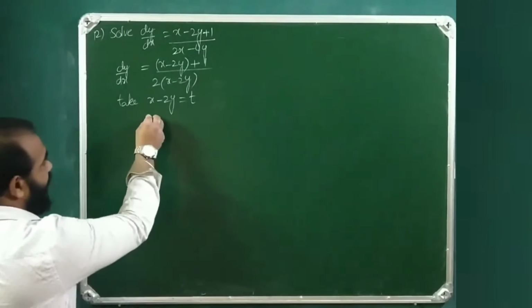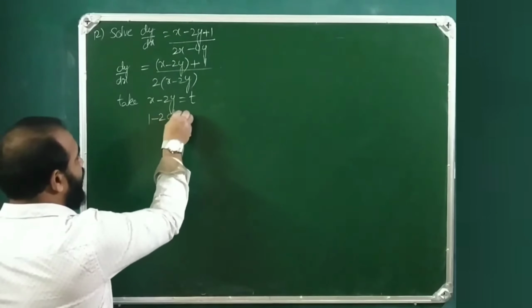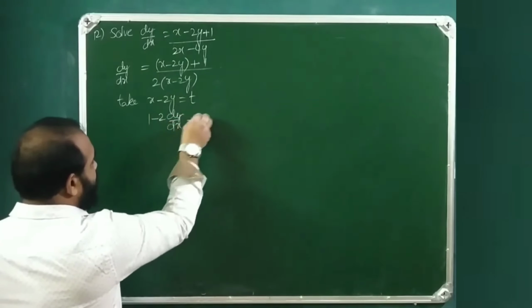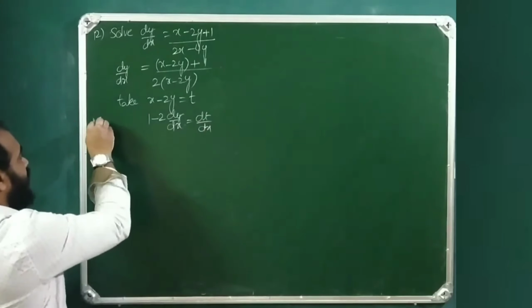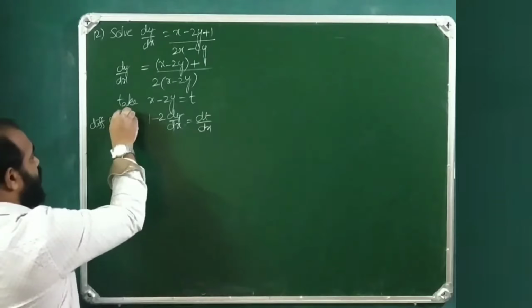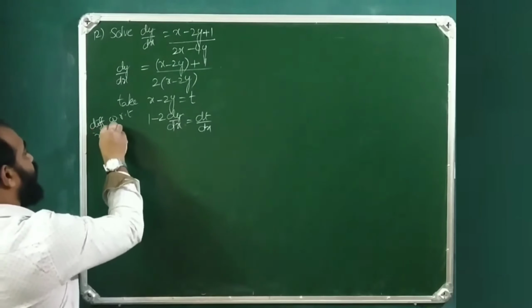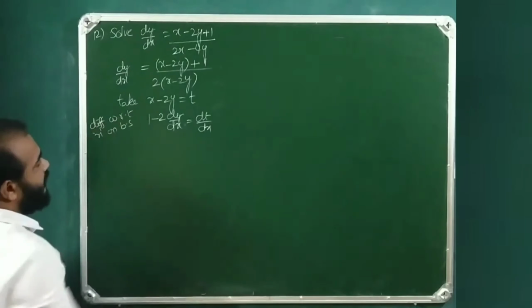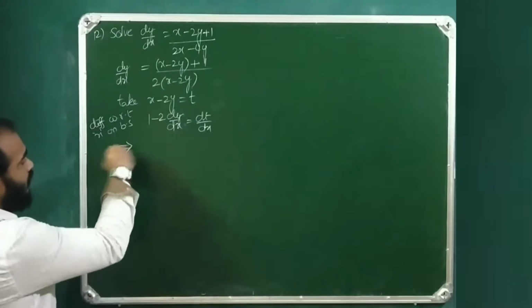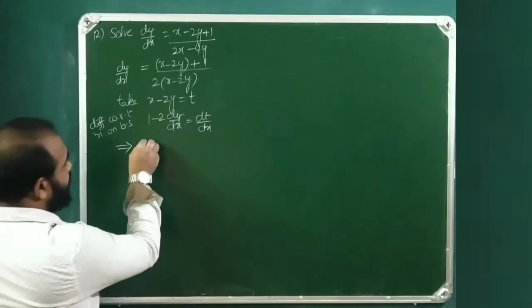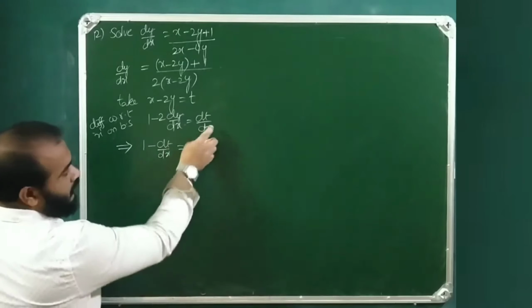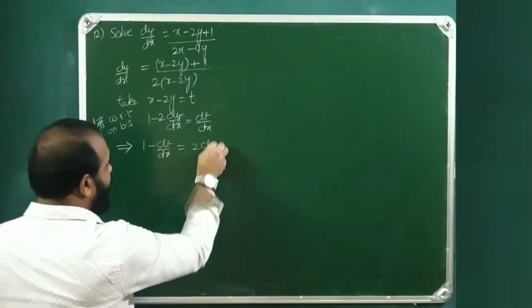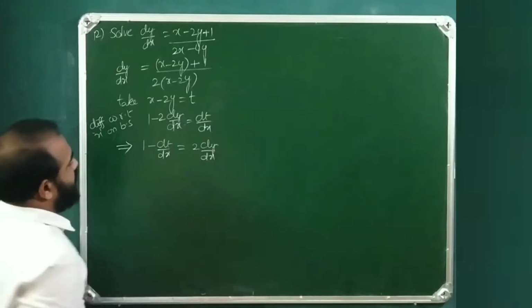Differentiating with respect to x on both sides, we get 1 minus 2 dy by dx equals dt by dx. So 1 minus dt by dx is equals to 2 dy by dx.